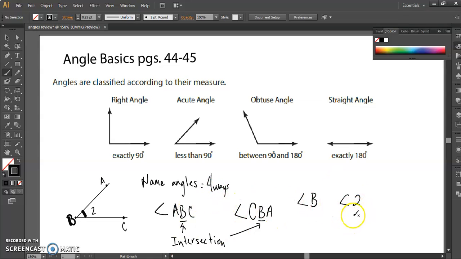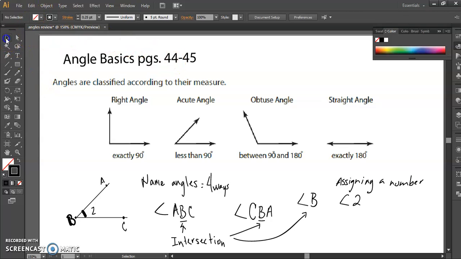So these are the 4 ways of naming an angle: by writing down the points, always keeping the point of intersection in the middle; by just writing the point of intersection; or by assigning a number.